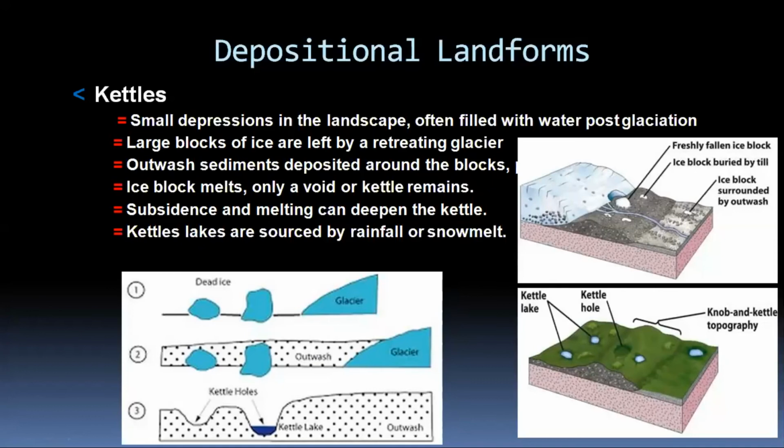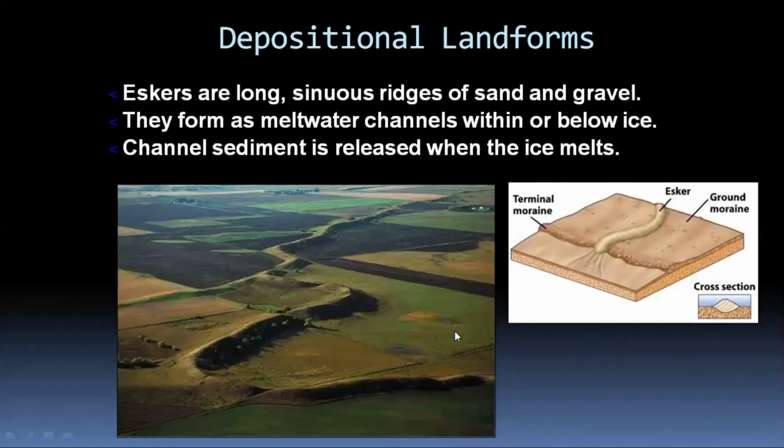And some kettle lakes have longer ages, in that if rainfall or snow melt water keeps coming in, they will keep surviving. If water does not come, then they can be a kettle hole, and they can become dry without any water.